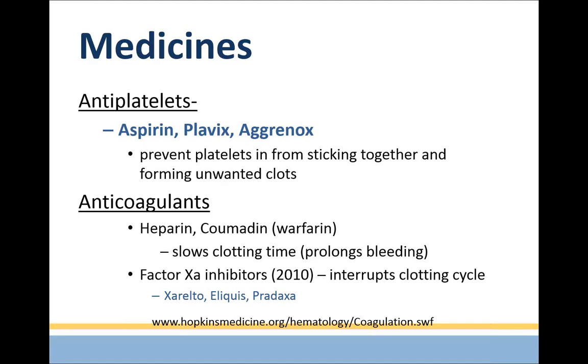The factor Xa inhibitors, like the Xarelto, Eliquis, and Pradaxa, require less frequent lab tests, which is what people like, but reliable reversal remains an issue at this point. So it could pose a problem in an emergency. Say a person on one of these was in a car accident or needed emergency surgery, such as an appendectomy. There are antidotes in late trial and an FDA review presently, but not yet approved. Next slide.